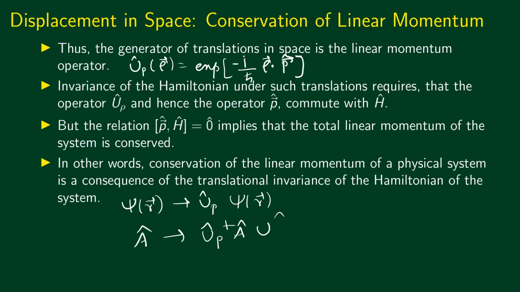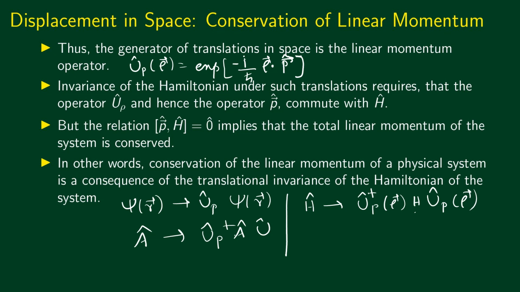It's now convenient to switch to the Heisenberg viewpoint, because we say that a transformation is a symmetry if the Hamiltonian is invariant under such transformations. So under space translation, the Hamiltonian goes from H to U dagger H U. Now, when does the Hamiltonian remain invariant?